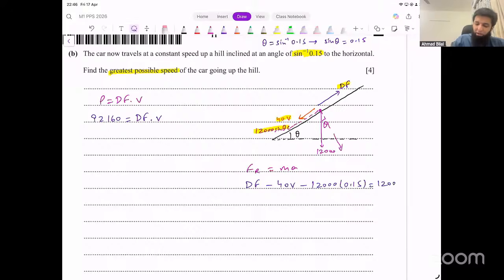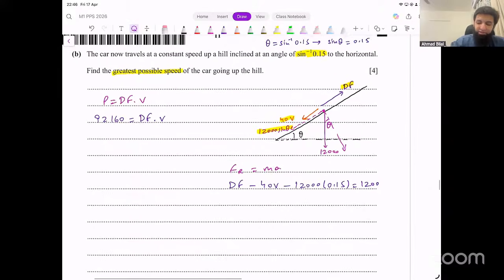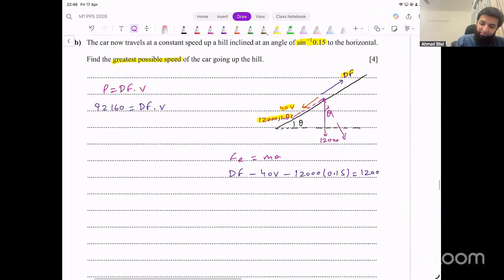That will be 0. Why is that going to be 0? Is acceleration going to be 0? It's actually constant speed. They do say that.